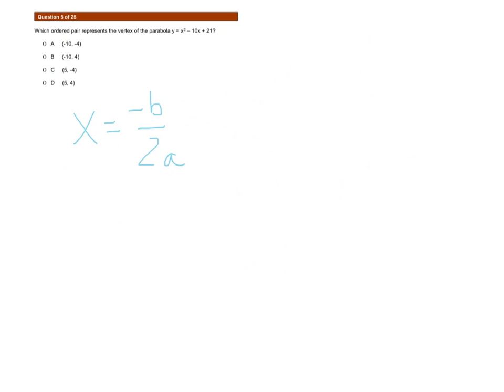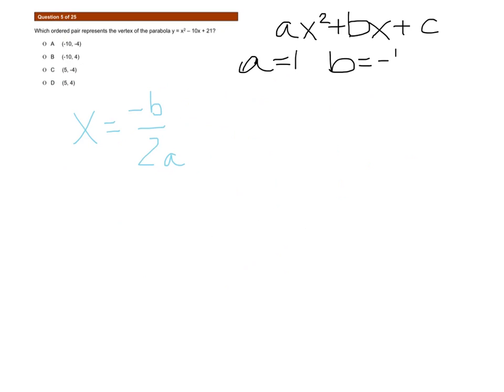Knowing that the standard format of an equation is ax squared plus bx plus c, we recognize that in this problem, a is 1. b is equal to negative 10. And c, which isn't important for this problem, is equal to 21.